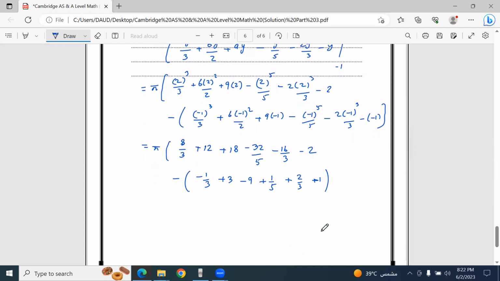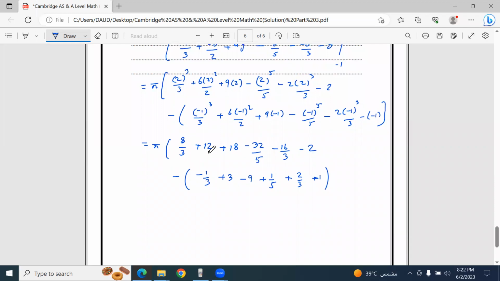Next step, if you check carefully, 8 minus 16 gives me minus 8 over 3. Plus 12 plus 18, 30. So 30 minus 2, plus 28. But before that, we can write 32 over 5.